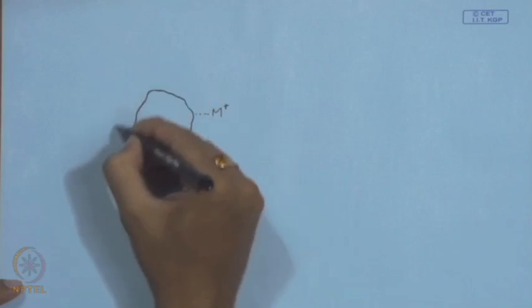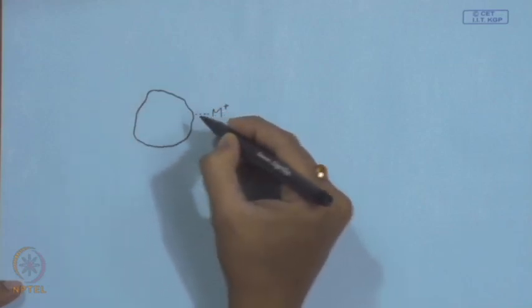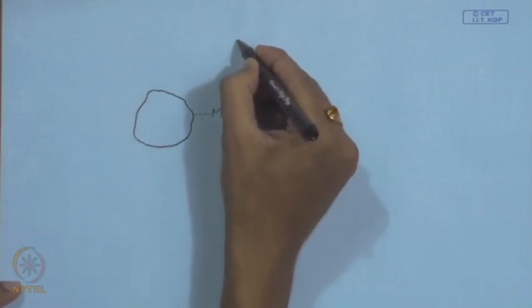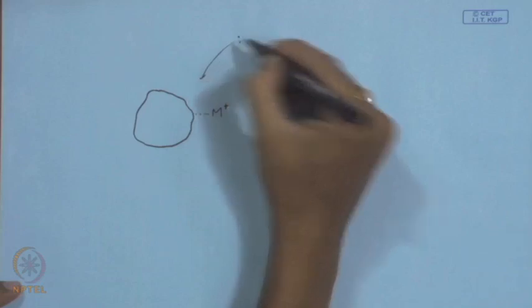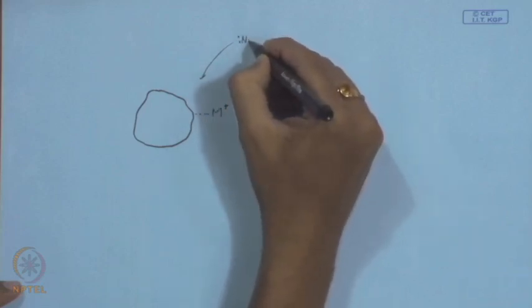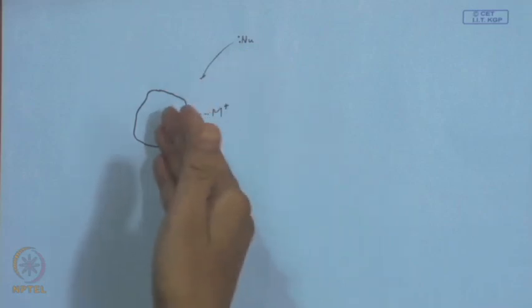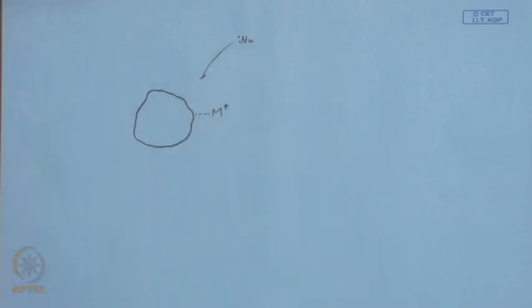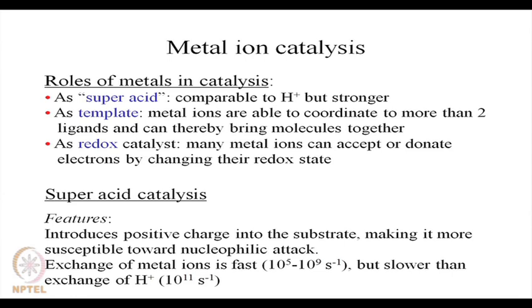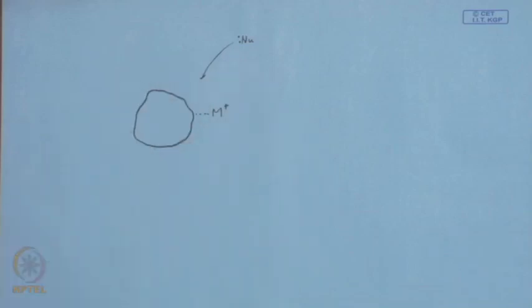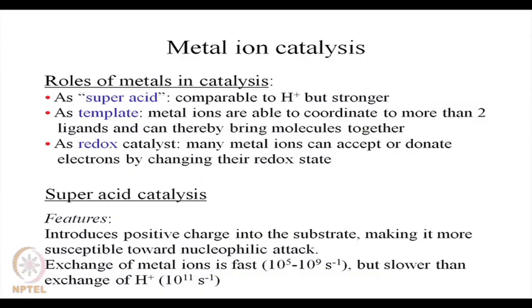As a whole this entity becomes more positively charged, so another nucleophile having electrons will have a better option to attack it. That is why it is said that it introduces positive charge into the substrate. After binding, the whole thing becomes the substrate, thereby making it more susceptible towards nucleophilic attack.